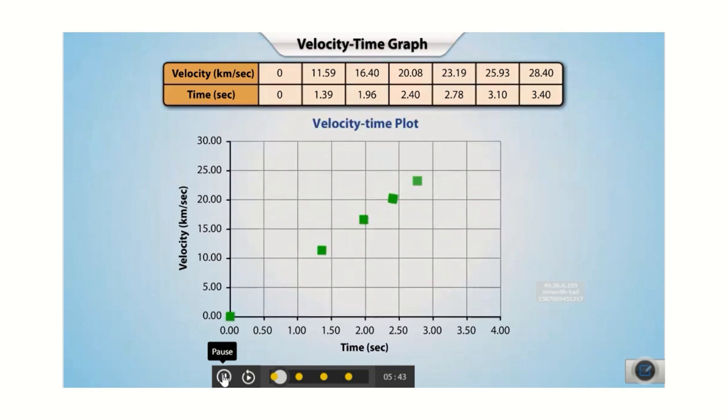If you plot these values on a velocity time graph, the plotted points form a straight line PQ. The straight line indicates that the go-kart is showing uniform acceleration across 3.4 seconds. When the acceleration is uniform, using this simple graph, you can actually derive the three equations of kinematics.